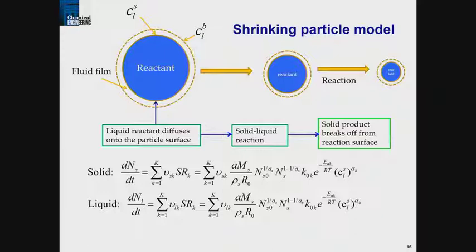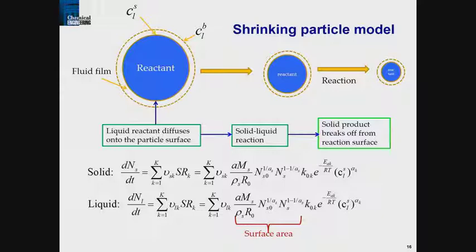Given that that happens, you can write a mass balance for the solid and for the liquid species. In particular, you have the surface area that's determined by this quantity here, and over time, as the solid species starts shrinking, you basically have this thing getting smaller, and A is a shape factor.